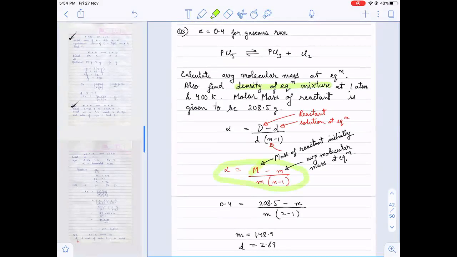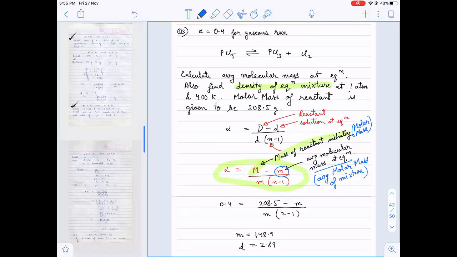Instead of capital D, I am writing capital M, which is the molar mass of the reactant, and small m is the average molecular mass at equilibrium, or average molar mass of the mixture at equilibrium. Obviously, because at equilibrium the mixture is there, but initially only the reactant is there.